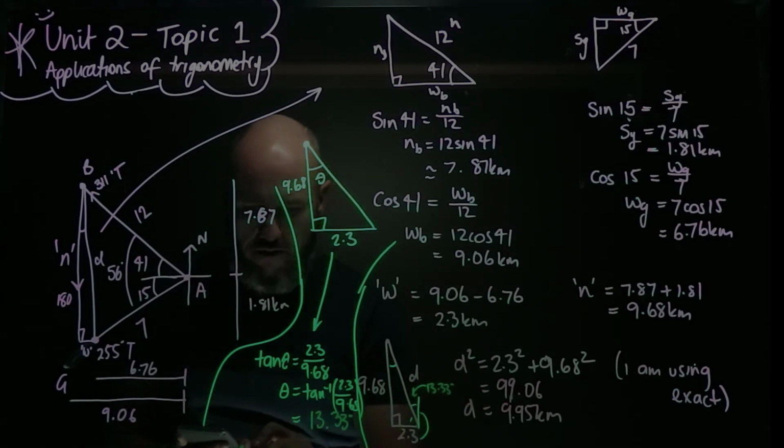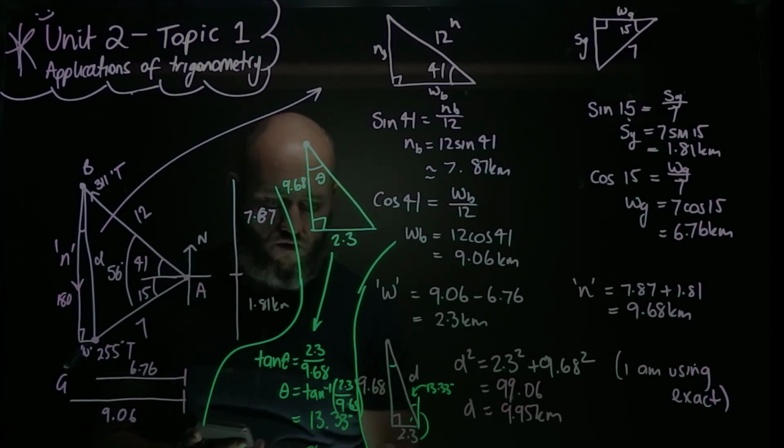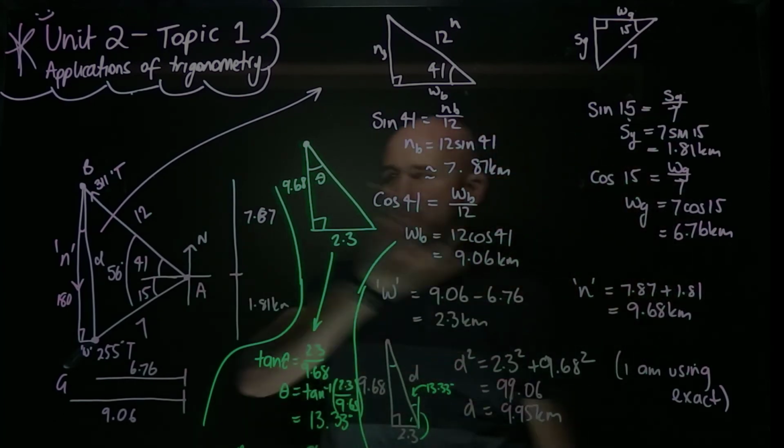And the bearing is equal to 360 minus 13.33, which is equal to 346.67 degrees true.